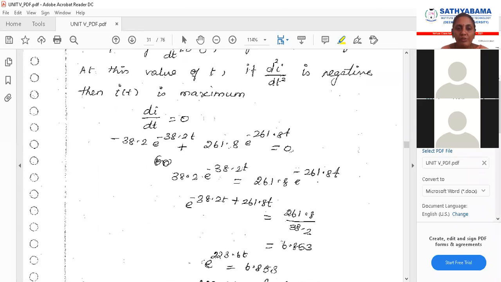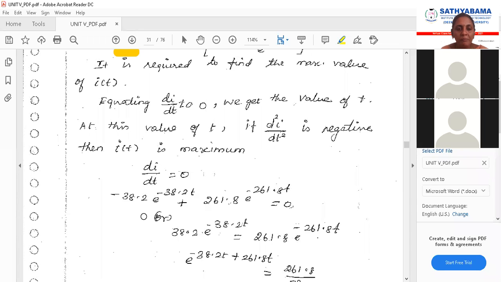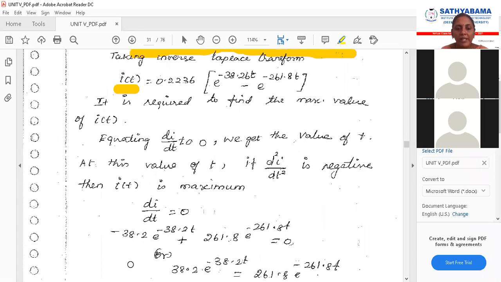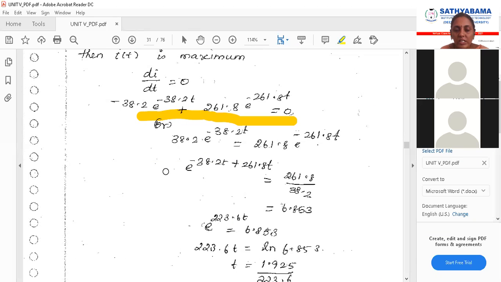Differentiating this equation, you will get minus 38.2 e^(-38.2t) plus 261.8 e^(-261.8t) is equal to 0. Clear? Now just rearranging, you will get this value of 6.853.